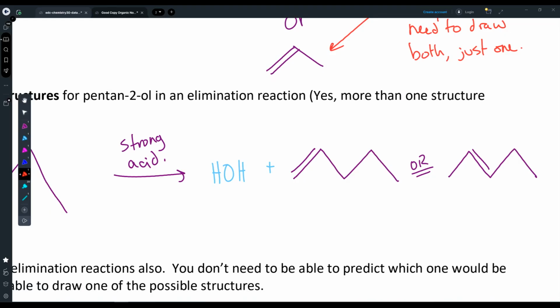This product is going to be called pent-1-ene, whereas this product is going to be called pent-2-ene. As you can see, you do get 2 different products. They are isomers of each other.